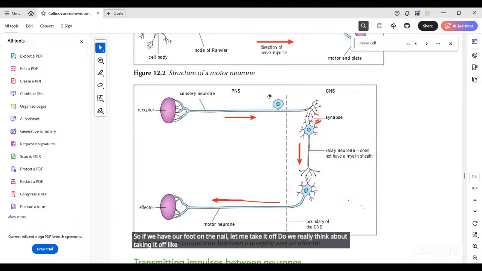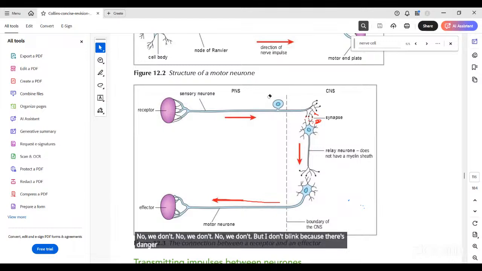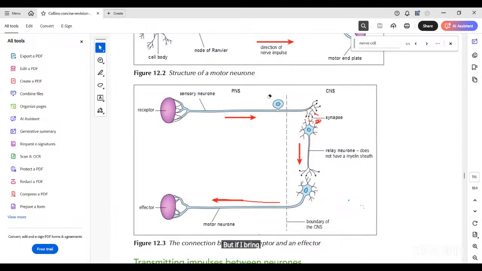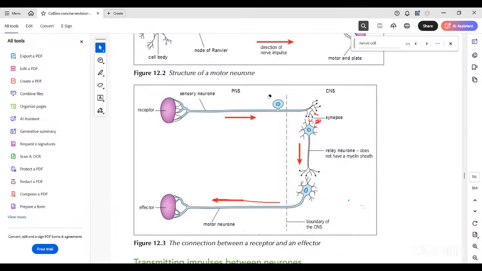No, we don't. But I don't blink because there's danger. I just blink because the eye needs to be moisturized. The eye blinks whether there's danger or not, but your foot on a nail just responds to the danger. You get the reasoning?